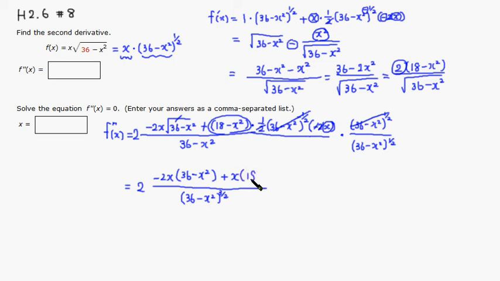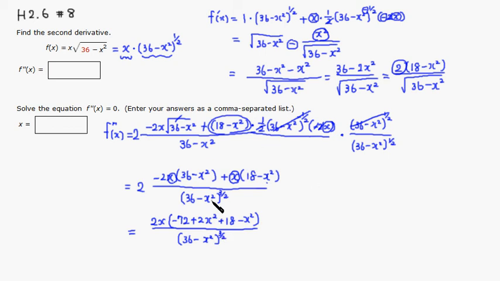Then take a common factor. 2 is of course already there, and both terms have x in them, so we can pull out 2x, but everything else is left over, so negative 2 times 36 is negative 72, and negative 2 times negative x squared is positive 2x squared, and plus 18 minus x squared, and all over quantity 36 minus x squared to the 3/2 power.